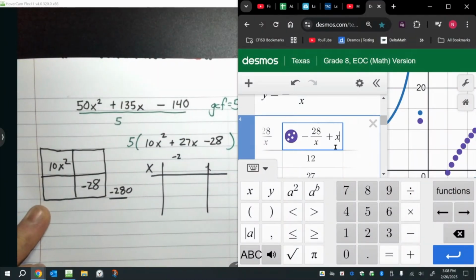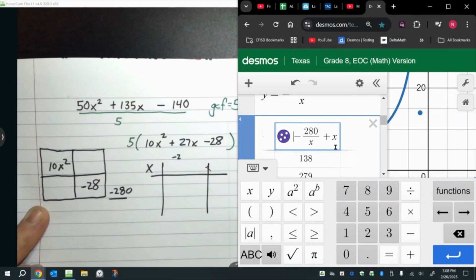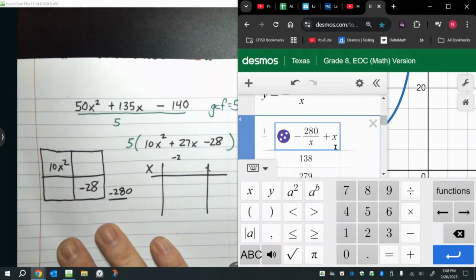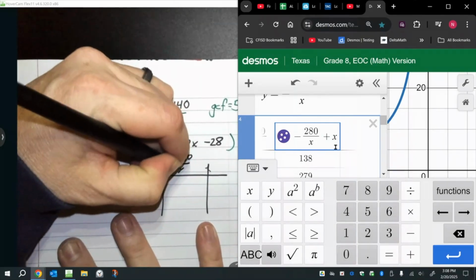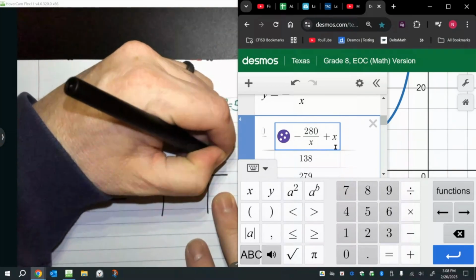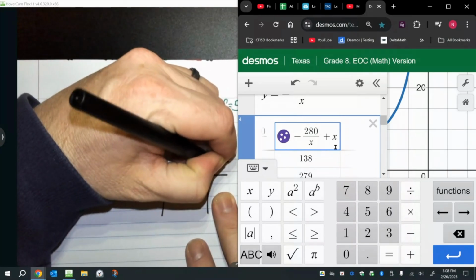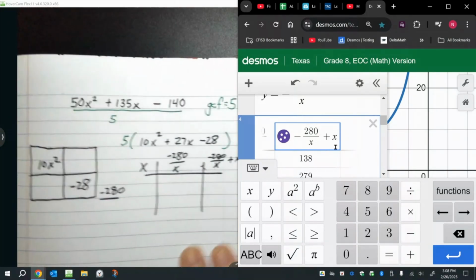What am I thinking? 280. This is why you write and you check things as you go, because you don't want to mess stuff up. Negative 280 divided by x plus x.